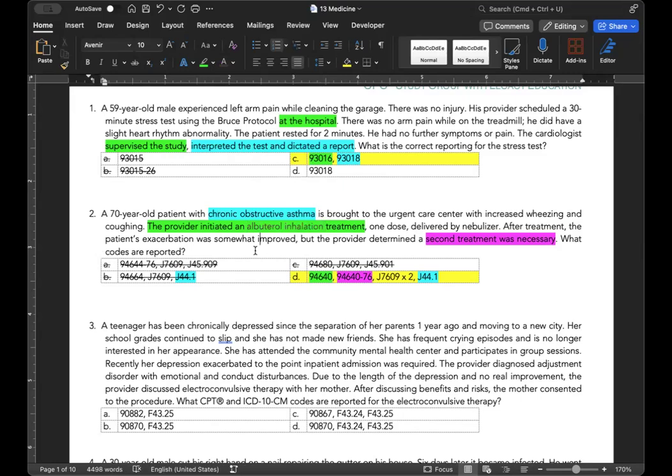Underneath our table of drugs and biologicals, we will go to albuterol because that's what we're coding for, the actual drug that he did the inhalation treatment with.